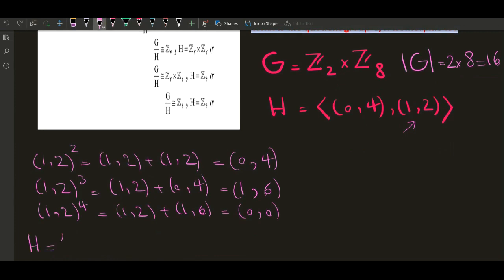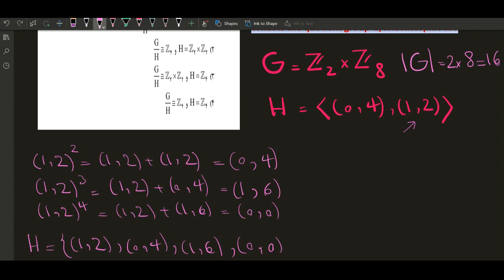So here is the group H. It has all the powers of (1, 2). Here we have (1, 2), (1, 2) to the second power, which is equal to (0, 4), (1, 2) to the third power, which is equal to (0, 6), and (1, 2) to the fourth power, which is the identity element of the group.